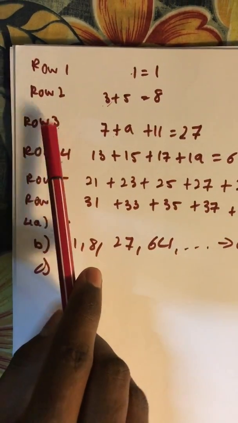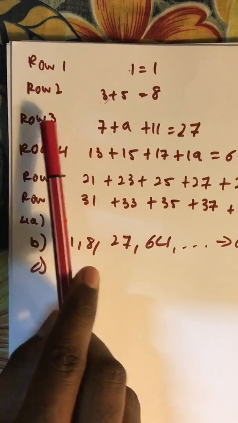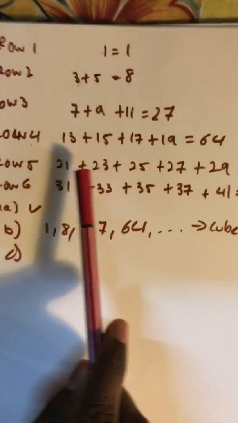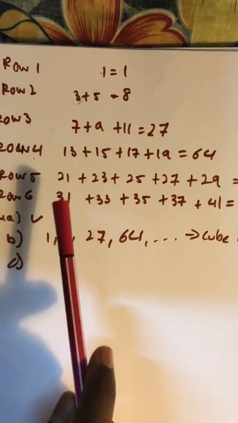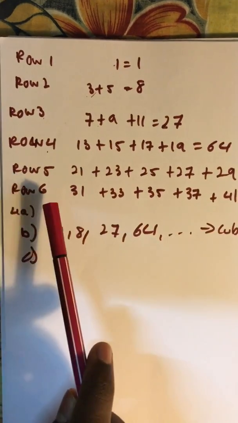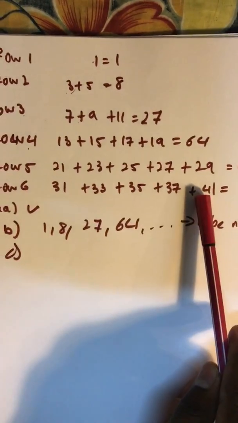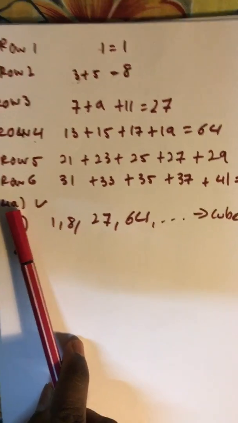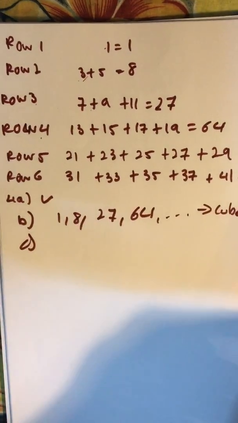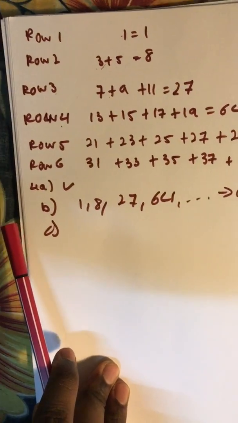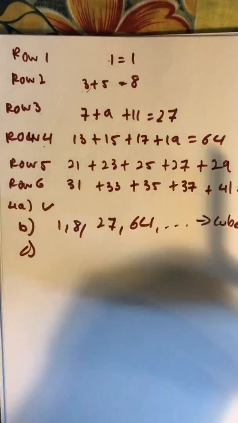If I have row 3, how many odd numbers do I have in row 3? 3 numbers. How many odd numbers in row 5? 5 odd numbers. So basically the number of odd numbers depends on the row number. Like I have row 6 here and I have 6 odd numbers. If I have row 8, I should have 8 odd numbers. If I'm talking about row 14, I should have 14 odd numbers.